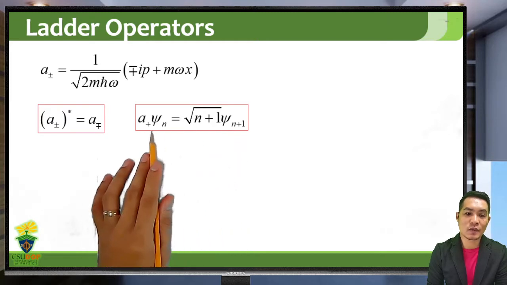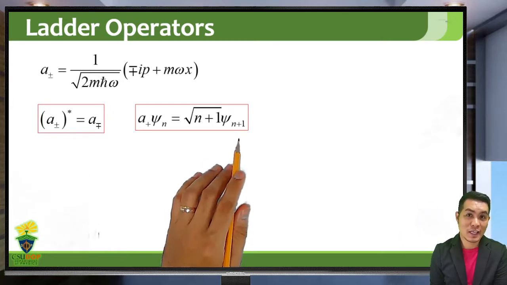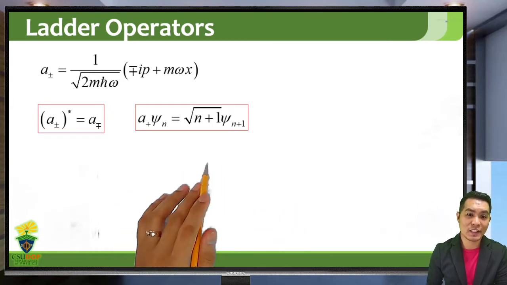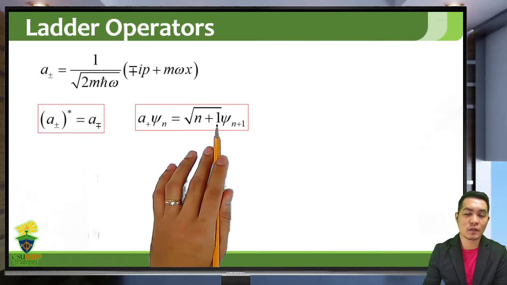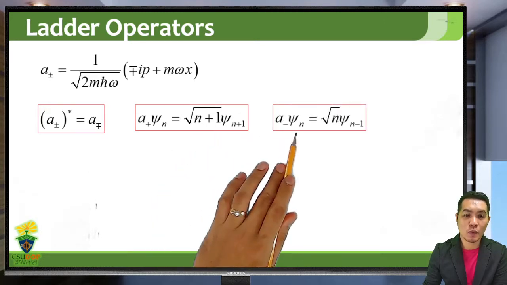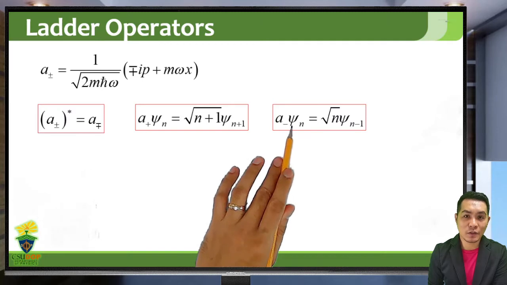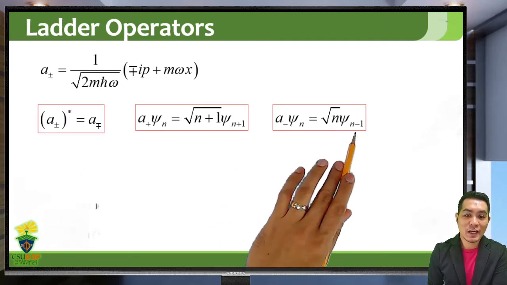So if you act this on psi 2, it becomes psi 3. So you raise it to a higher state, or to an excited state. Of course, there's a constant here, square root of n plus 1. Similarly, for the lowering operator, if you act it on a wave function, it lowers the wave function by 1 state. So if you act this on psi 2, you will get psi 1.